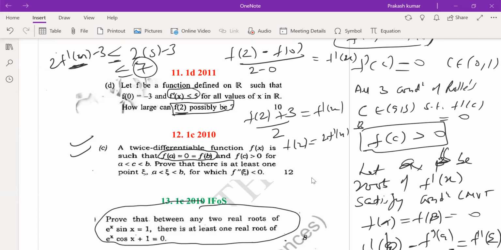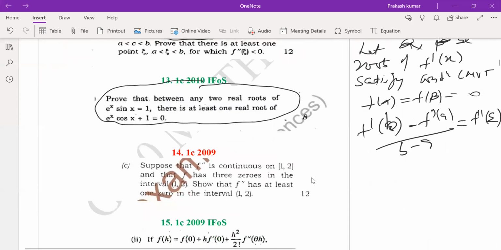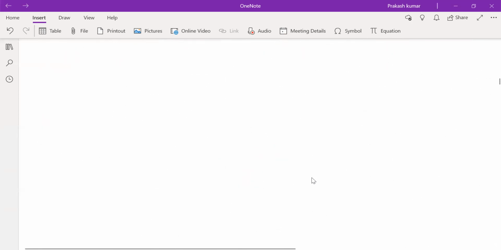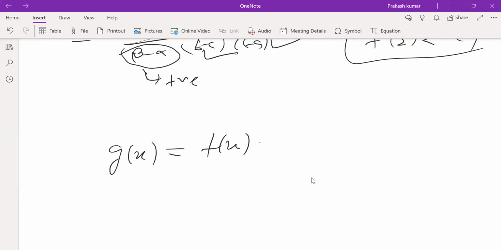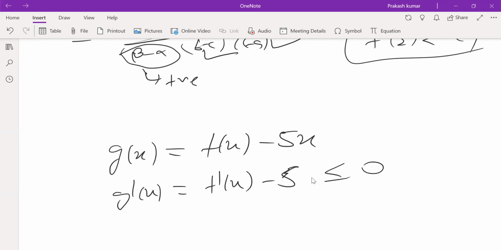So that was the whole way of doing it. Another way that I did it was like this. I took a function g(x) equal to f(x) minus 5x. Then I got g dash x equal to f dash x minus 5, which is less than or equal to 0.